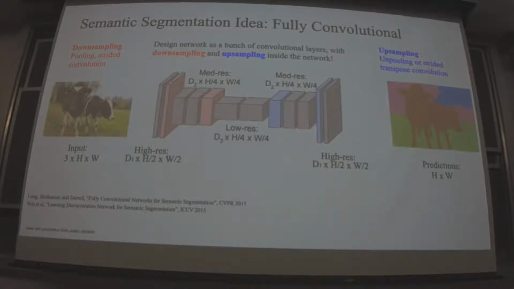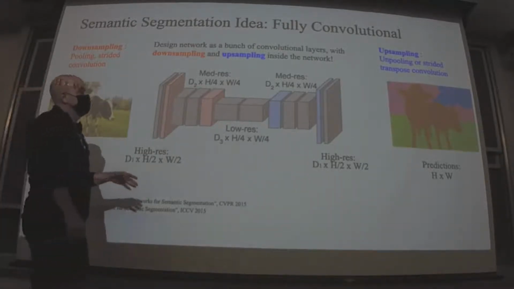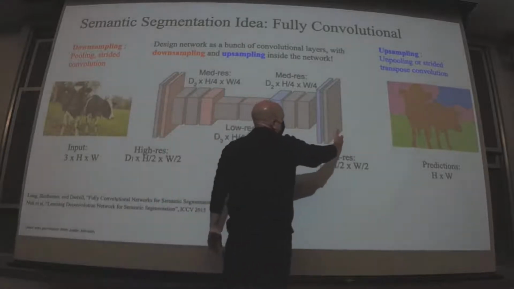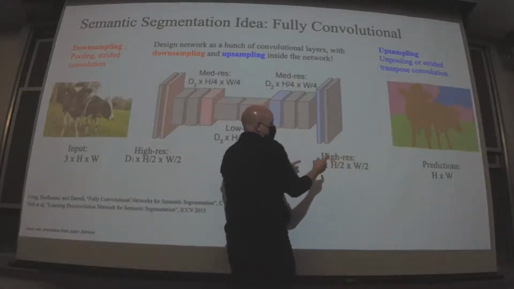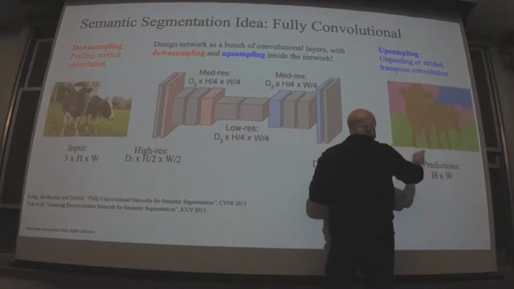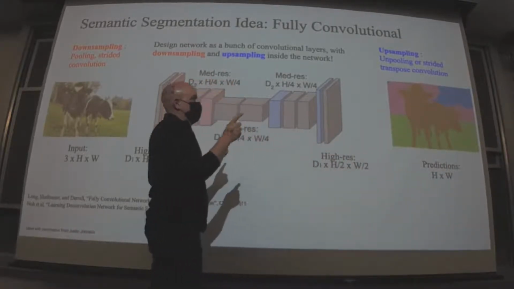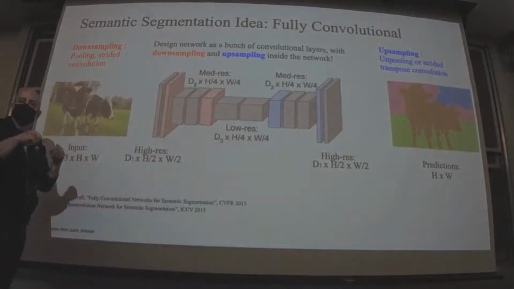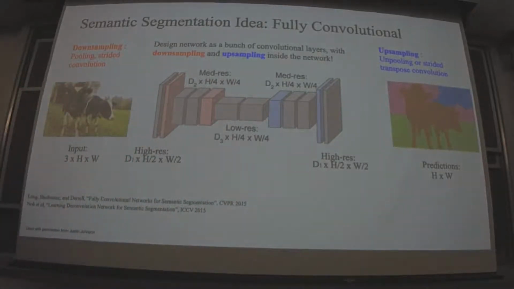And most importantly, your final feature map here just needs to have the same spatial extent as the original image, and then as many channels as you have classes, because then you're going to interpret the vector of length c at each pixel as the scores for the classification problem at that pixel.